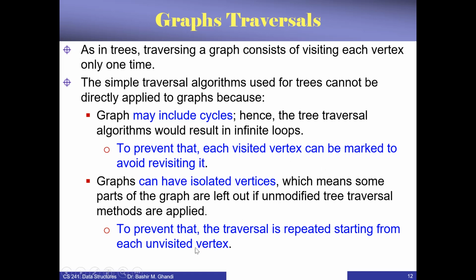So we will be repeating the traversal until we visit all the vertices. Again, this will become clearer when we look at the algorithms. So with this modification, we can easily modify both the depth first traversal and breadth first traversal algorithms that we saw in trees. We can modify them to work with graphs as well.